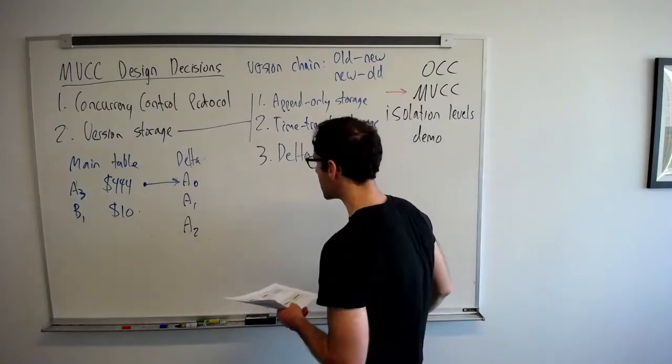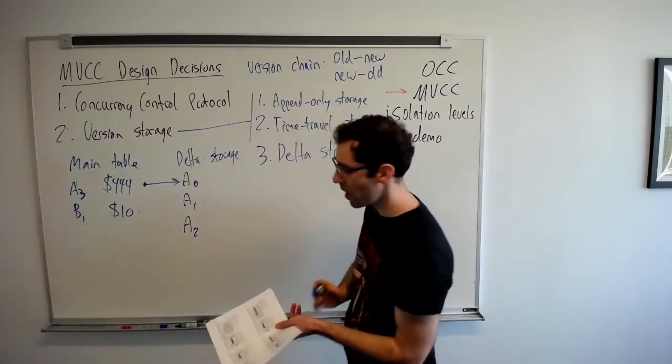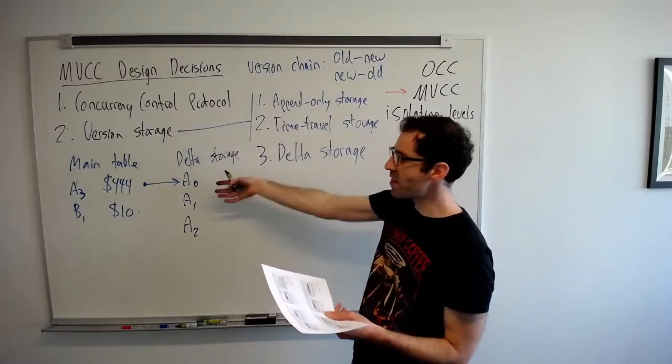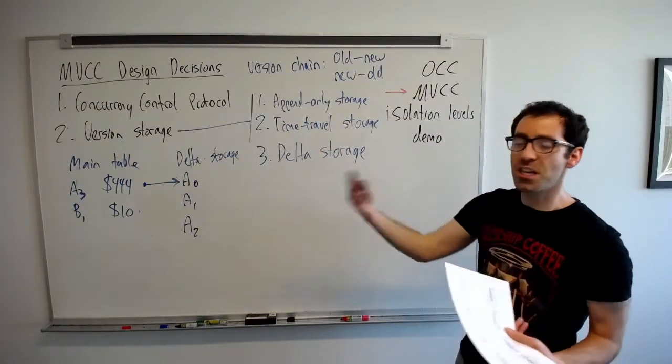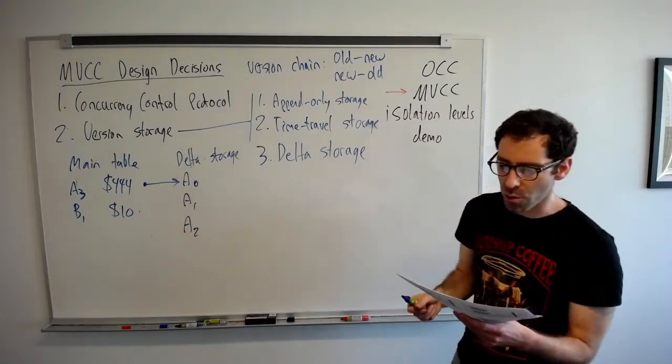Although it's not really a table, it's more a kind of storage, because what we're storing in this are not the actual objects, but rather the delta, the difference between that object and the newer version.